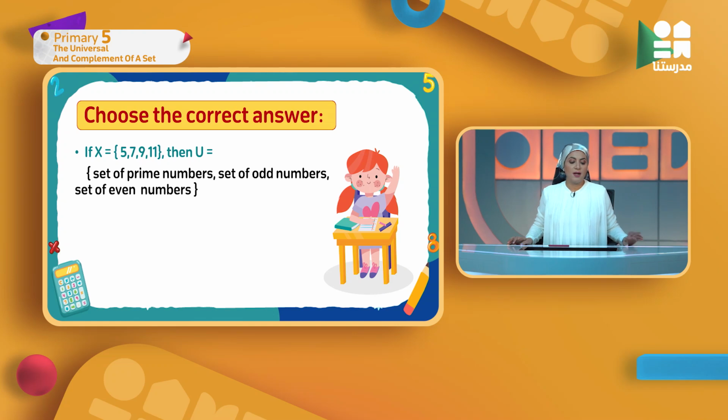Concentrate because two of these might be a bit confusing. Some of you might get confused between the set of prime numbers and the set of odd numbers. But if you look carefully, you will see that we have a 9 here, and the 9 is not a prime number. So the answer will be the set of odd numbers.